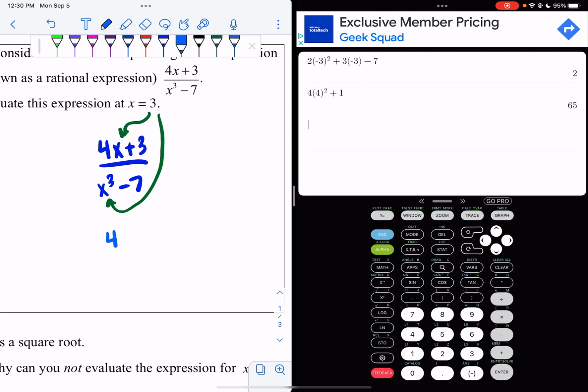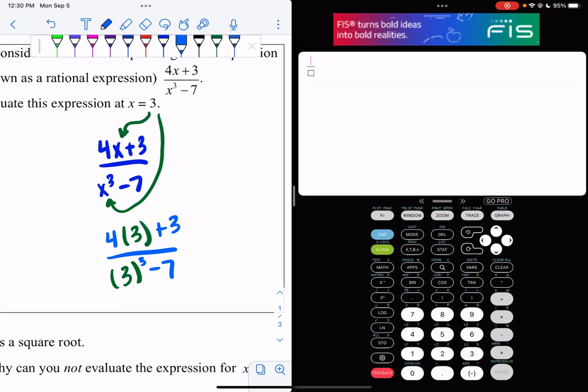So I have 4 times 3 plus 3, all over 3 to the third, minus 7. Now, if you forget how to make a fraction on your calculator, we're going to do alpha y equal enter.